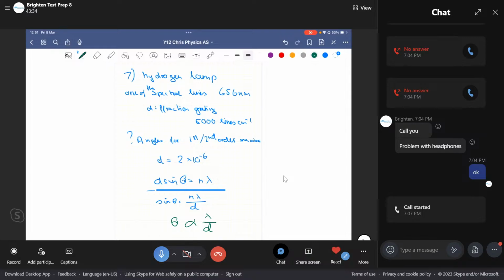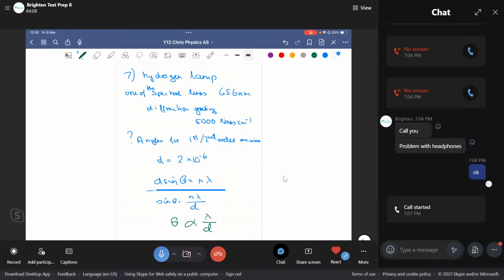This is the simplified approach, because we usually talk about small angles, where we can approximate the sine of the angle with the angle itself. In this case, no, because the calculation results in 19 degrees for the first and 41 degrees for the second, which are not small angles.